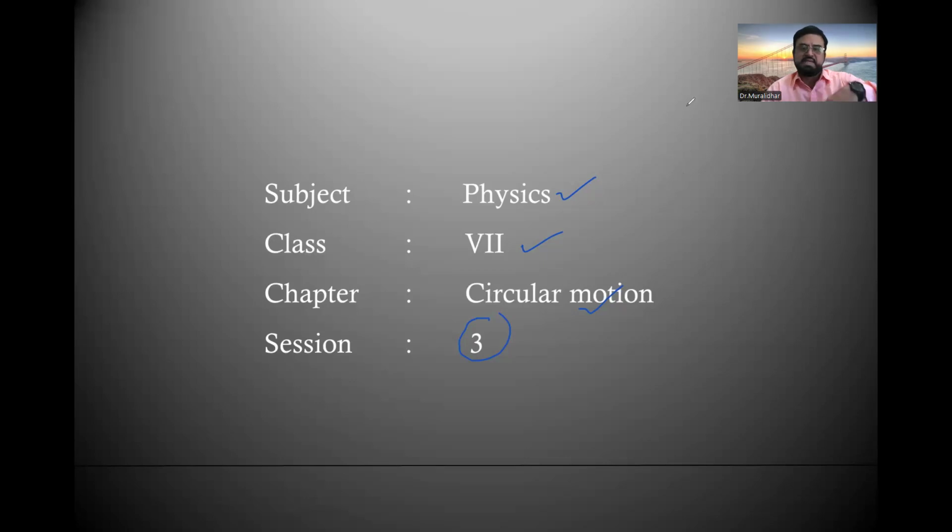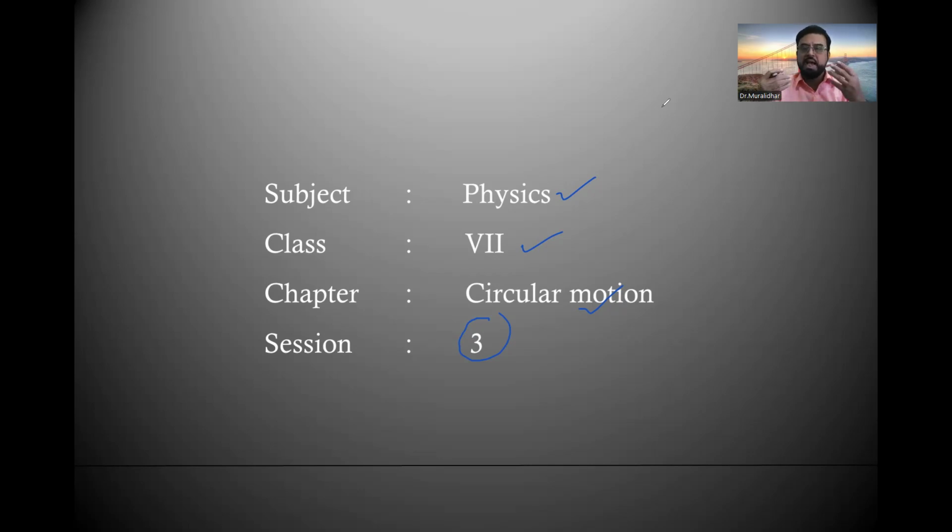When a body is in linear motion, we have seen that the body has covered distance, displacement, speed, velocity, acceleration, deceleration, all these things. Similarly, in circular motion also, every body will possess these terms, but the terms are named differently.